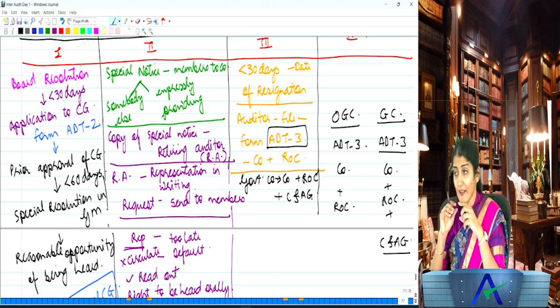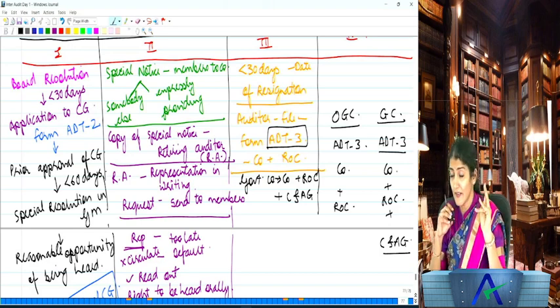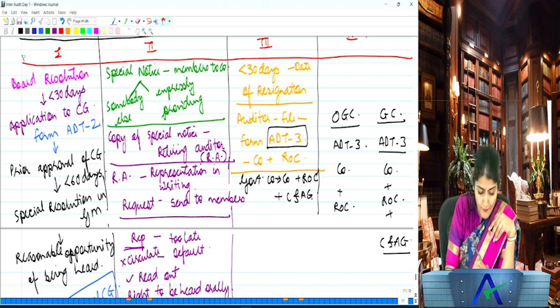So within 30 days from the date of the resignation, for a government company, in addition to that, also with the C and AG. Are you able to follow till here, everyone?